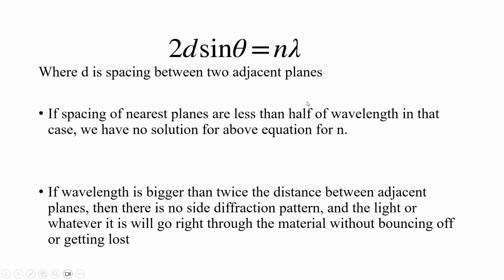So this you all know, 2d sine theta equals n lambda, where d is the spacing between two adjacent planes. If the spacing of the nearest planes is less than half of the wavelength, in that case we have no solution for the above equation for n. If the wavelength is bigger than twice the distance between adjacent planes, then there is no diffraction pattern and the light, or whatever it is, will go right through the material without bouncing off or getting lost.